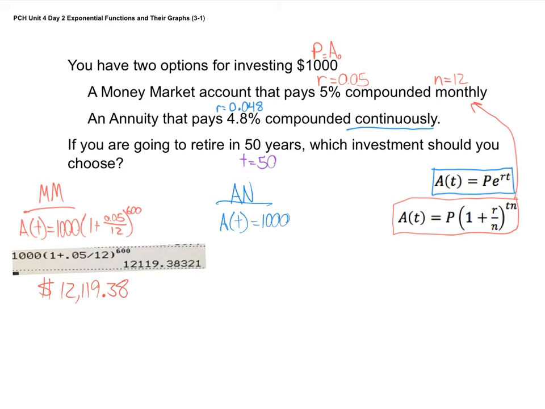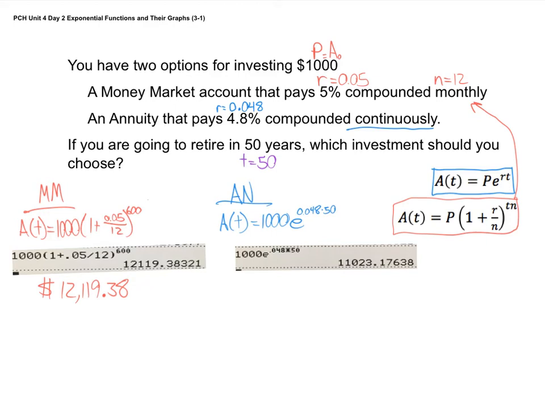It's 1,000 times e to the 0.048 times 50 power. Okay. If we plug this one into our calculators, we have 1,000 times e to the 0.048 times 50 power.